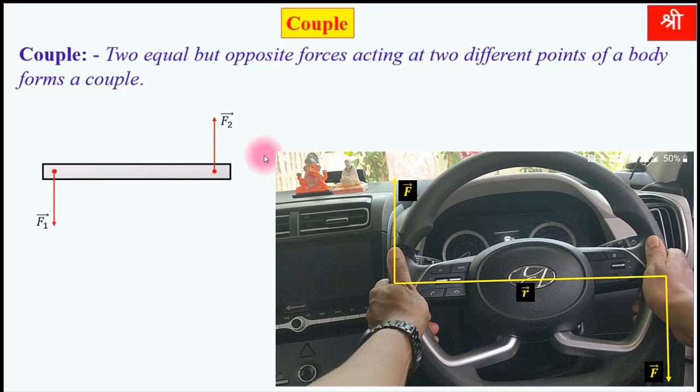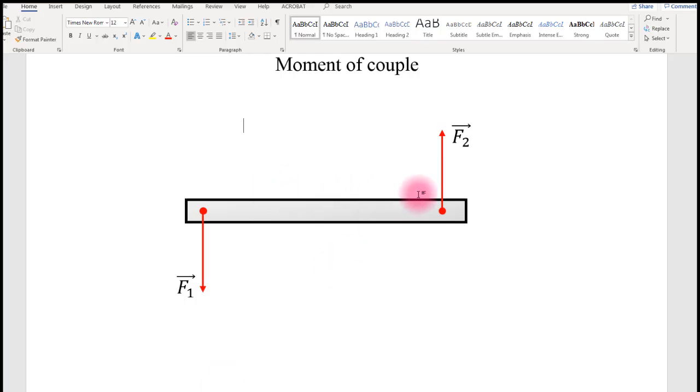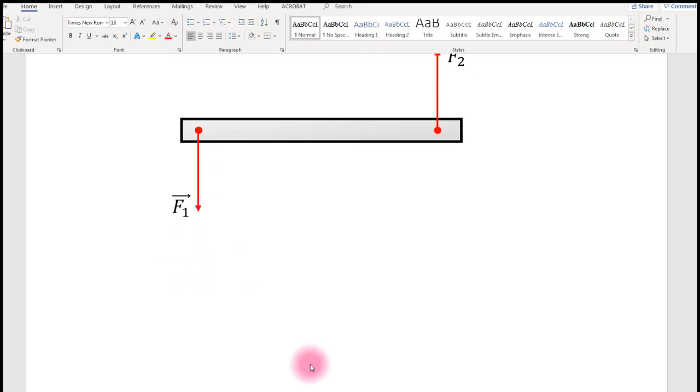So for the formation of a couple, the two forces must be acting on the same body. See here, this is a couple: two equal and opposite forces acting at two different points on the same body. Therefore, two forces will form a couple only when, number one, these two forces are acting on the same body.